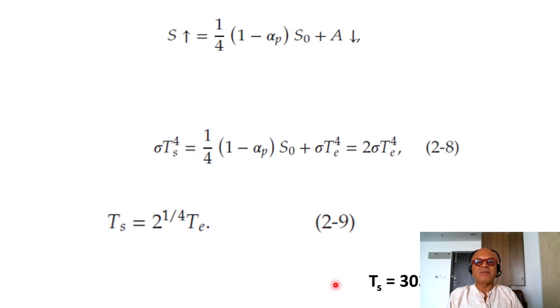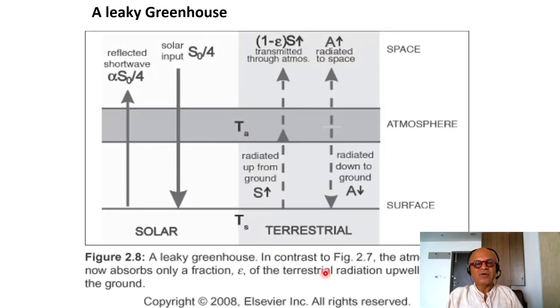So why did this happen? Obviously because we simplified the greenhouse layer into one layer, and we made it transparent to shortwave, and we made it completely opaque to the energy coming up from the surface. This is not the real situation. So in the real world, you want to add more realism.